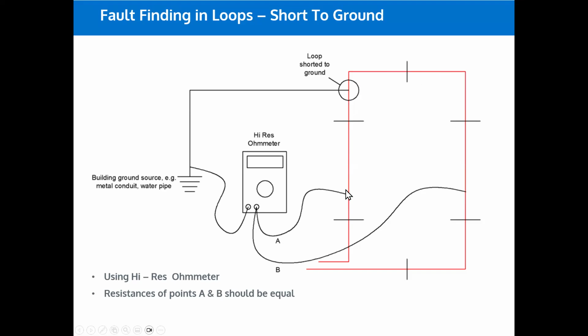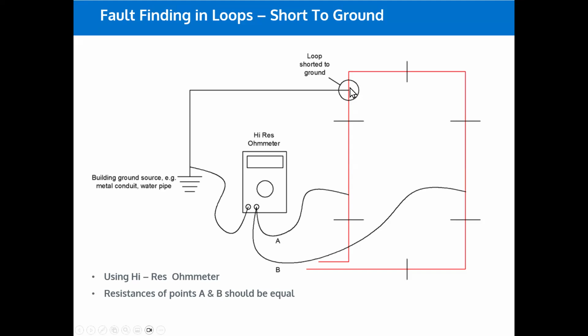Effectively what you're doing is making a note of where you've measured, and subdividing your loop into manageable sections. You'll then test here, and then test here, and test again, until eventually the value that you get for loop position A and position B should be the same.